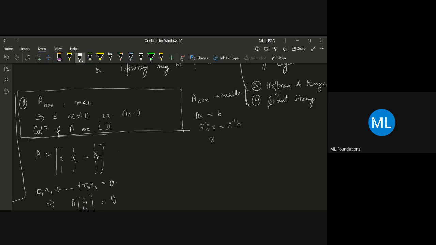Now, how can you check that we will get a unique solution? You will have full rank, and the null space will contain only the zero vector. So this is independent.